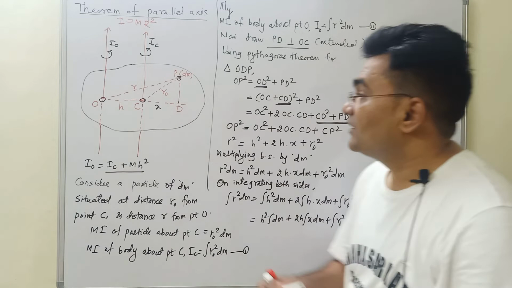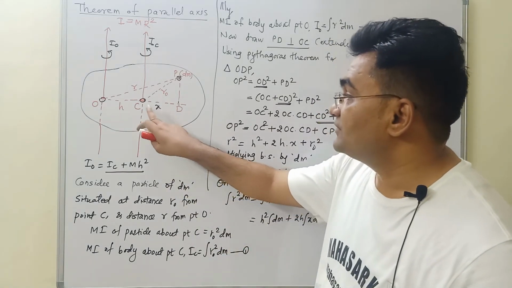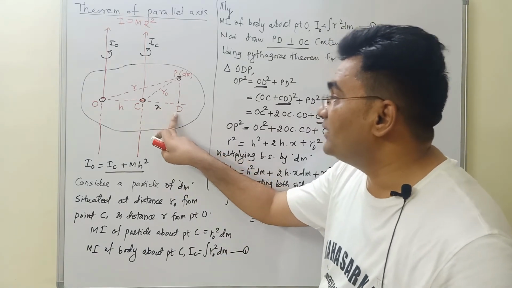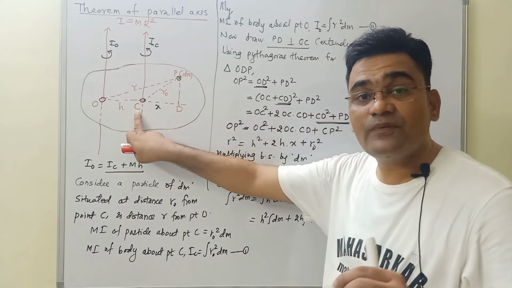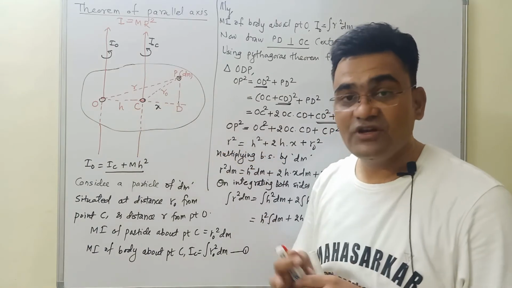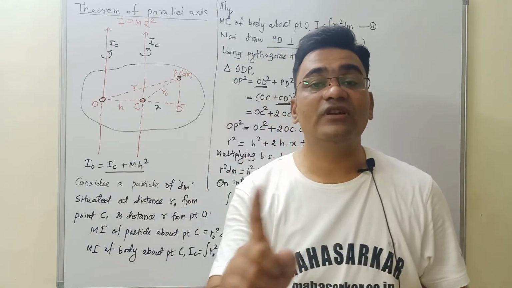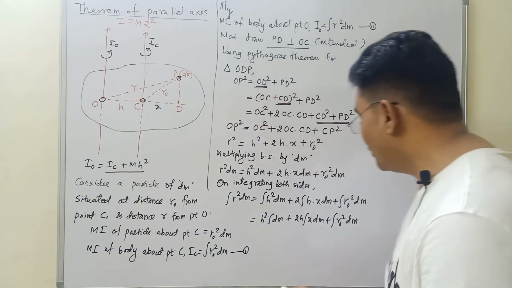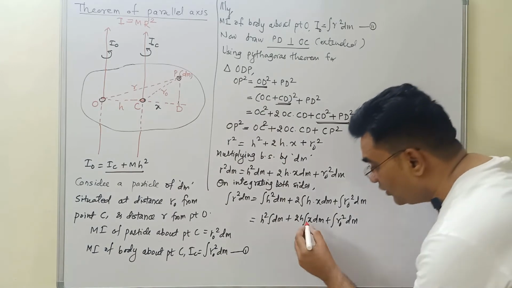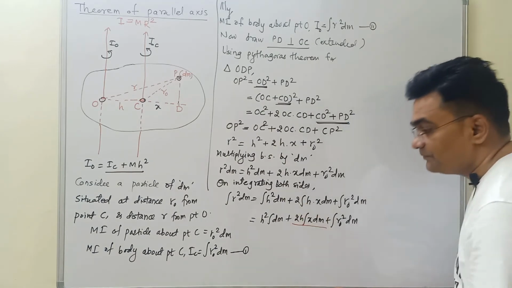Now see, X is the distance between any point D and the axis of rotation passing through the center of mass. We know that at the center of mass the resultant distance or resultant mass is always 0, so this term is going to reduce to 0.